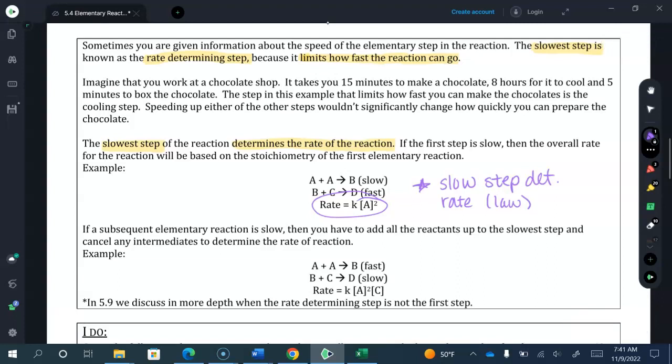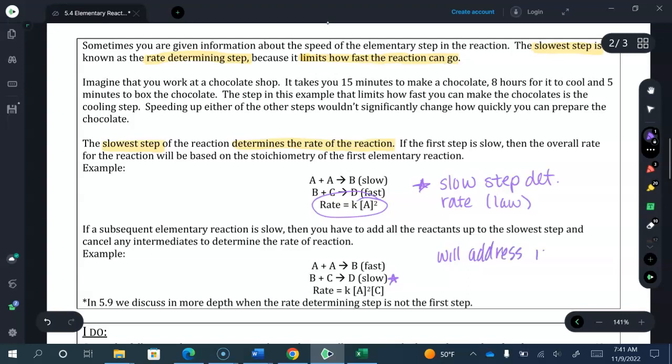If subsequent elementary reactions are slow, so in this one, then you have to add all the reactants up to the slowest step and cancel any intermediate in order to determine the rate of reaction. We are going to come back to this in 5.9, where we talk about the steady state approximation.